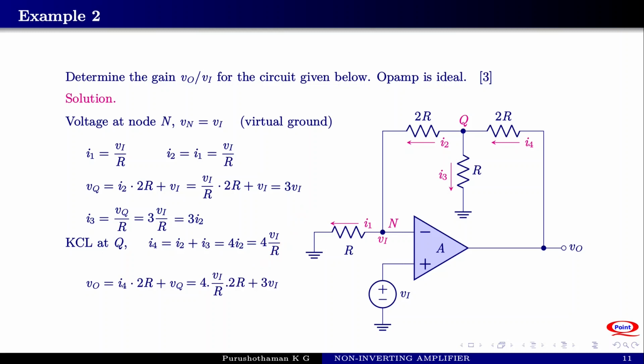So it is 4 into Vi by R into 2R plus 3Vi. R and R cancel. So this is 8Vi plus 3Vi, which is equal to 11Vi. So we have Vo equal to 11Vi, or Vo by Vi is equal to 11.